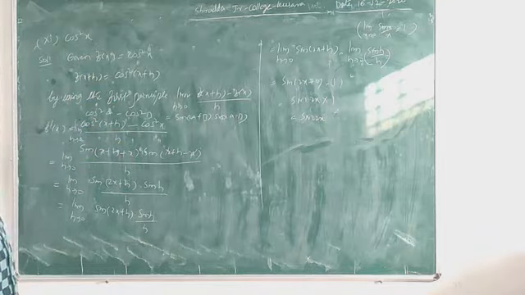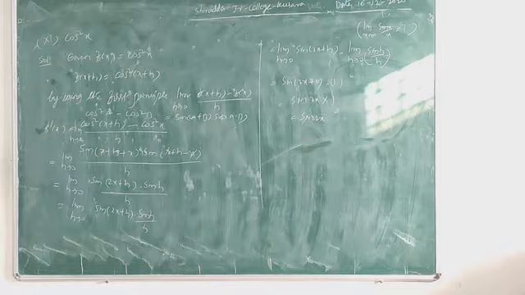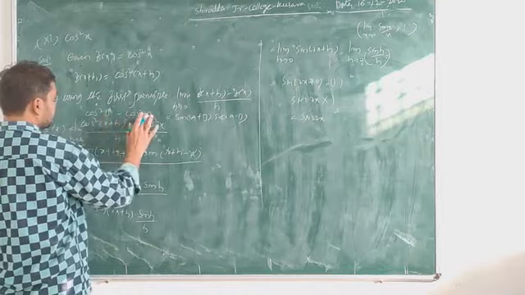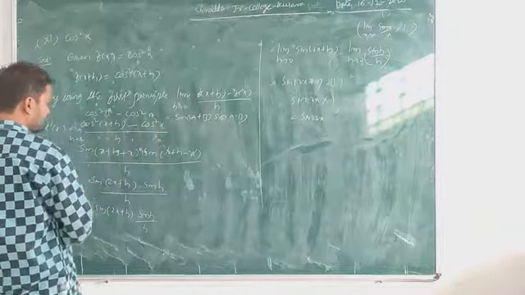Cos squared a minus cos squared b. What is the formula here? Sin(a+b) into sin(a-b). This is cos squared b minus cos squared a.